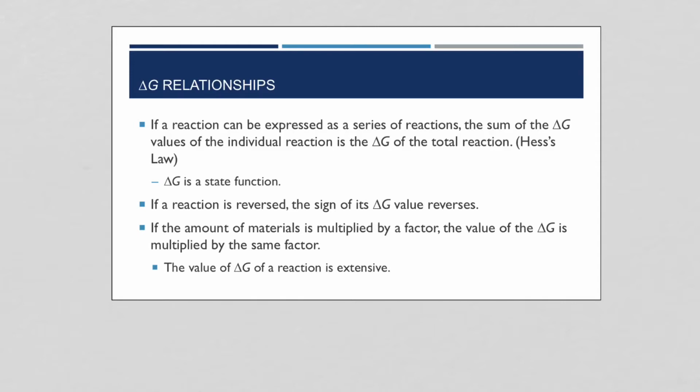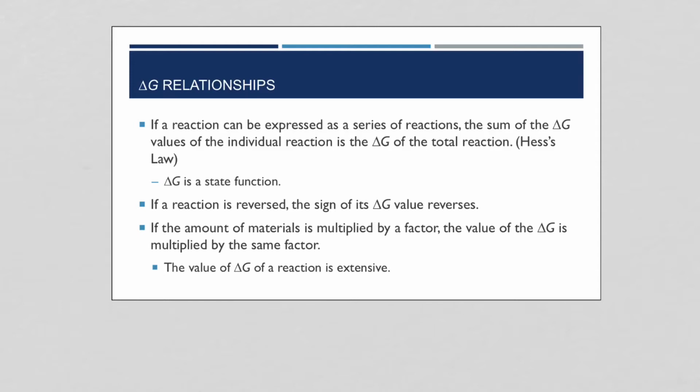We did this back in Chapter 7 for enthalpy values, where we took 2 or 3 equations and rearranged them to add up to an overall equation, and then we could sum up the corresponding delta H values. And we can do something very similar for delta G's.